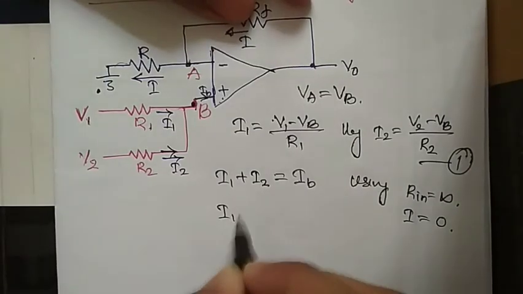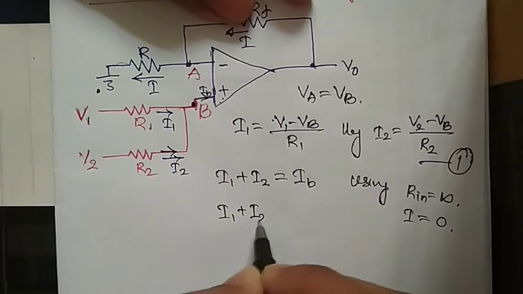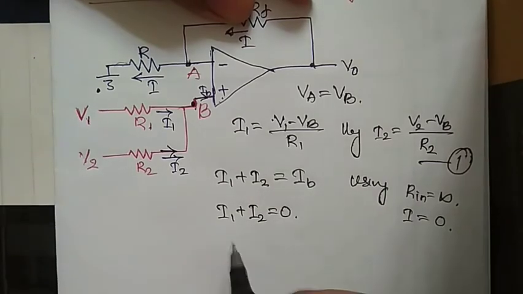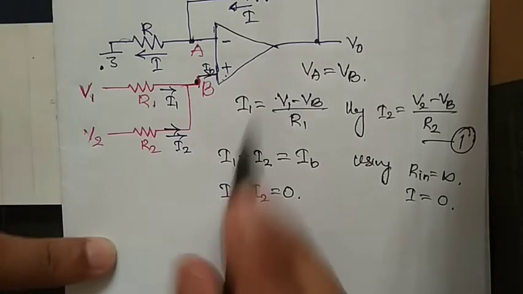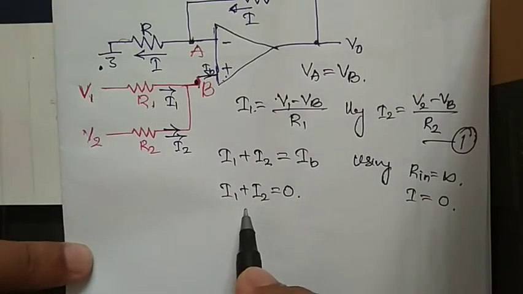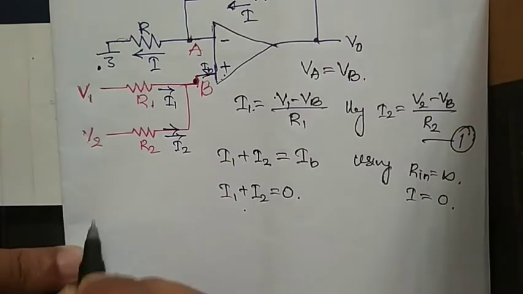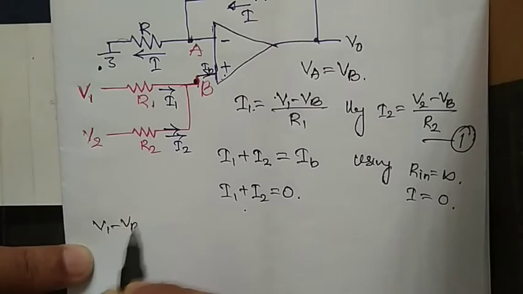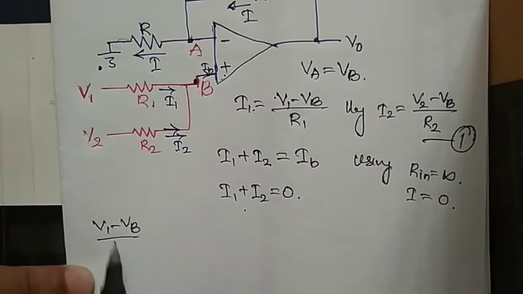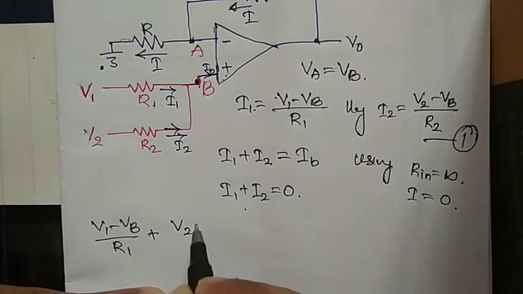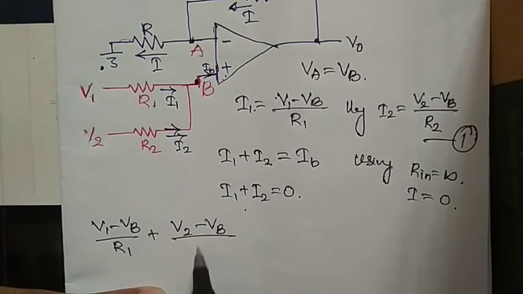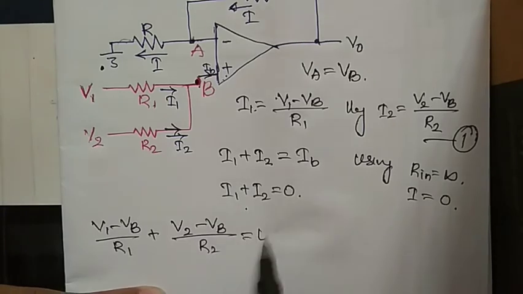It means I1 plus I2 equals 0. Substitute I1 and I2 in these equations, so V1 minus VB divided by R1 plus V2 minus VB divided by R2 equals 0.